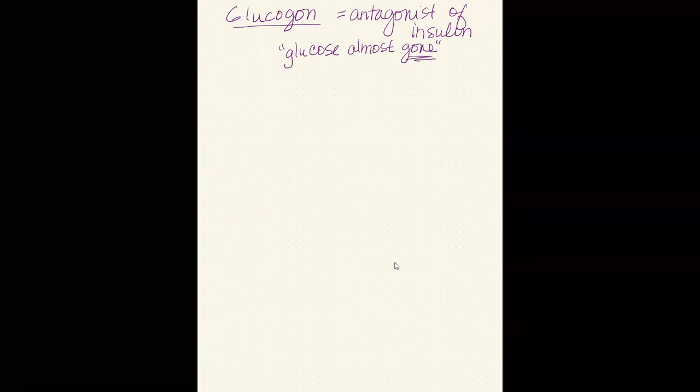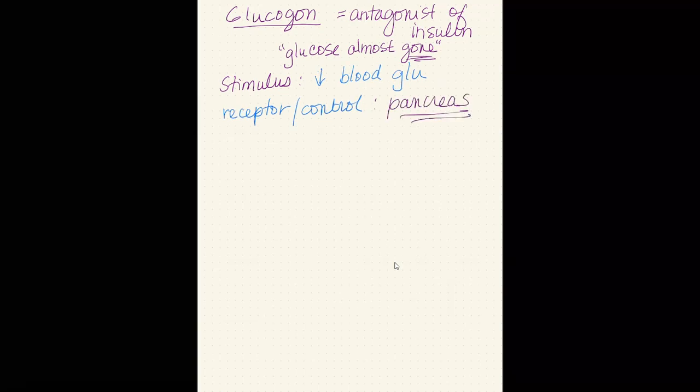So guess what the stimulus is? The stimulus is a decreased blood glucose level. The receptor and the control center is the pancreas, so the pancreas does both.